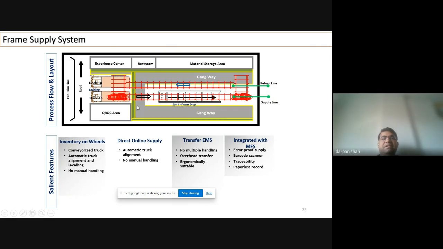So this saves a lot of space in terms of storage and inventory, because as and when production volume fluctuates, we can always increase the number of trucks. So this is very agile and very flexible in terms of having a lean supply chain.